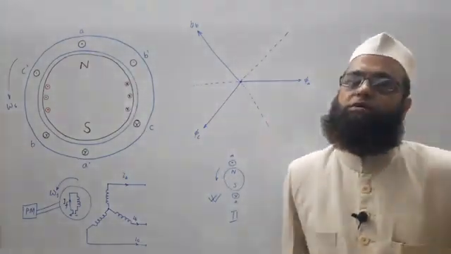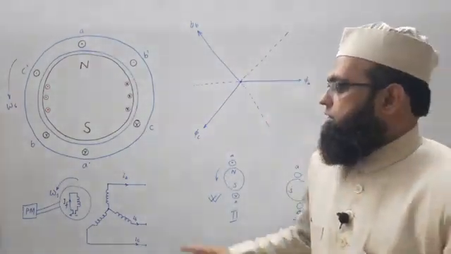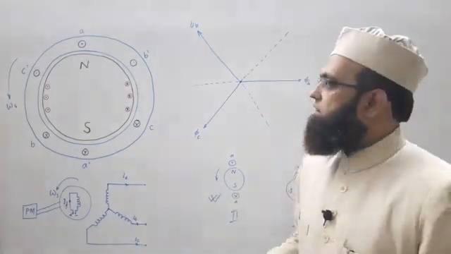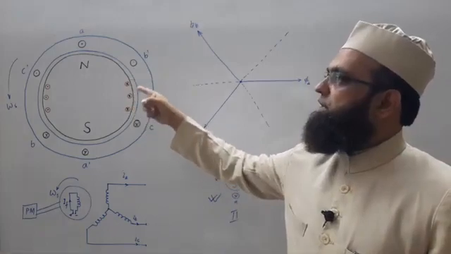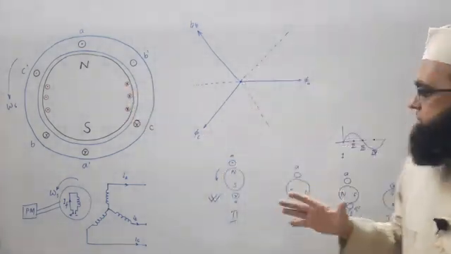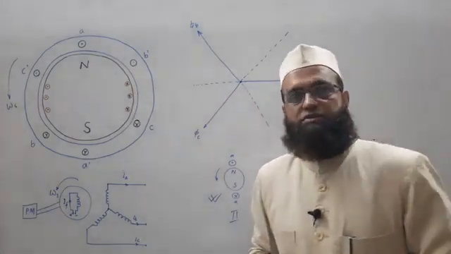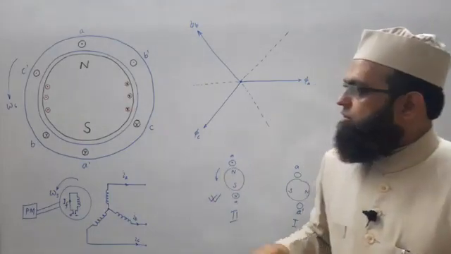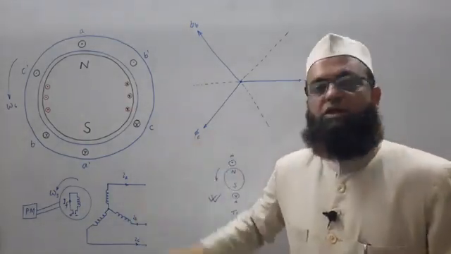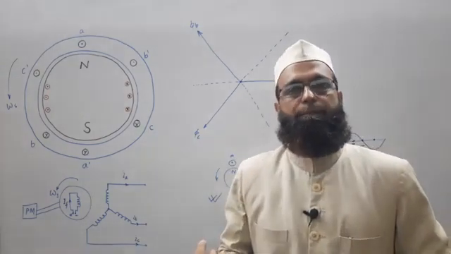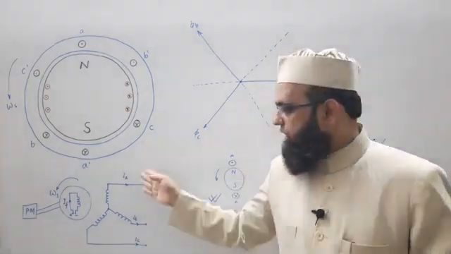Suppose load is connected, then currents will be there. As discussed, the three EMFs generated in the three phases of stator windings are balanced in nature, all sinusoidal, or near to sinusoidal, and balanced in nature. So the three currents in the three phases will be balanced because the three EMFs generated are balanced, hence the corresponding currents will be balanced.